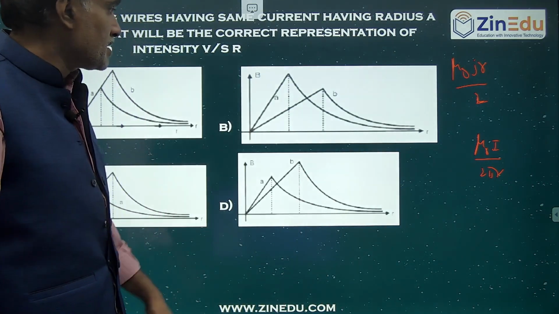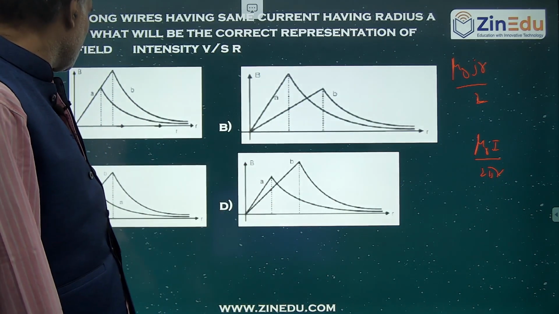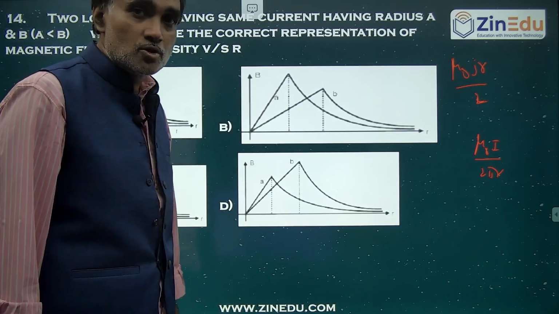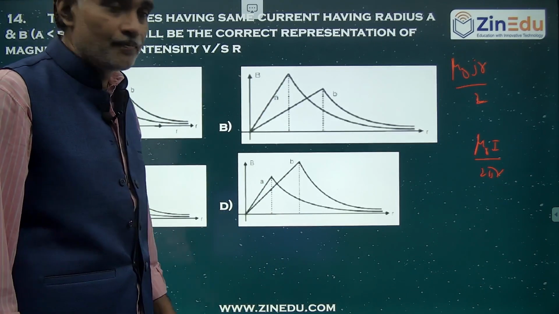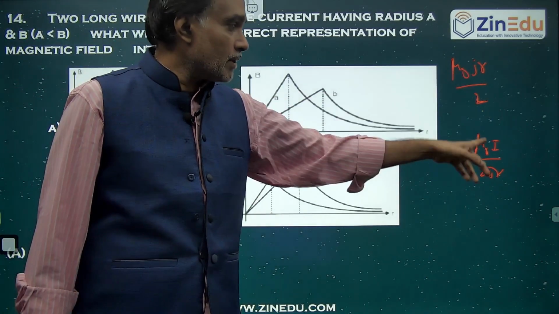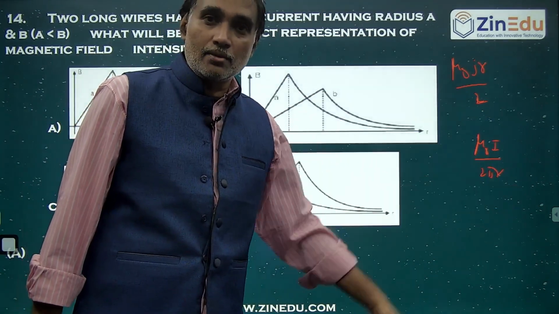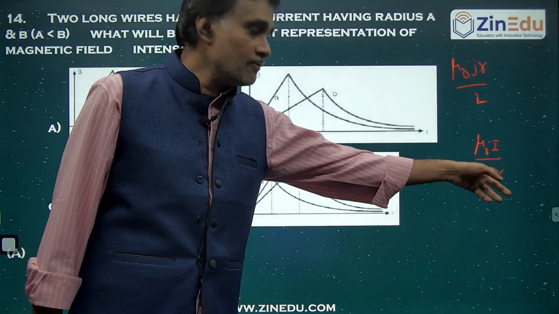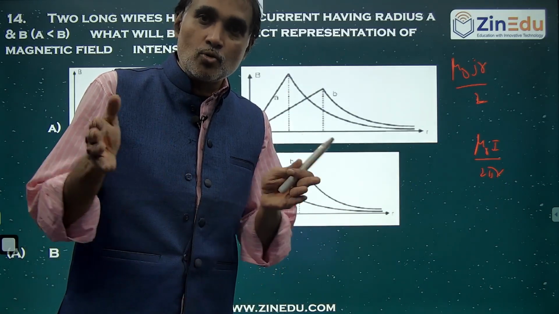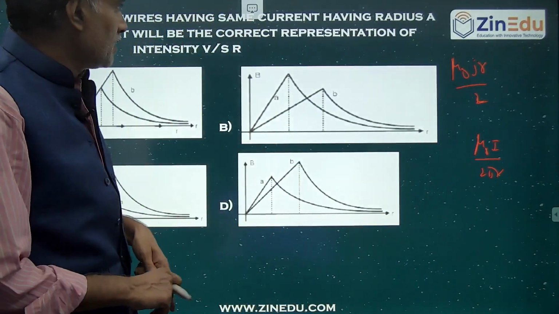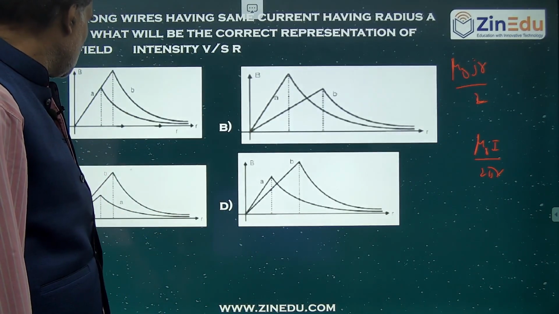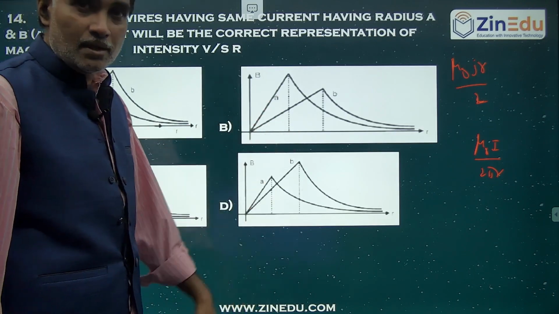Inside it is mu naught J r by 2, on the circumference mu naught I by 2 pi r, because I is the same. The magnetic field is inversely proportional to r on the circumference. So the smaller the radius, the more the magnetic field if I is the same. For A, the magnetic field on the circumference is more when compared to B. That graph he has given only for B.